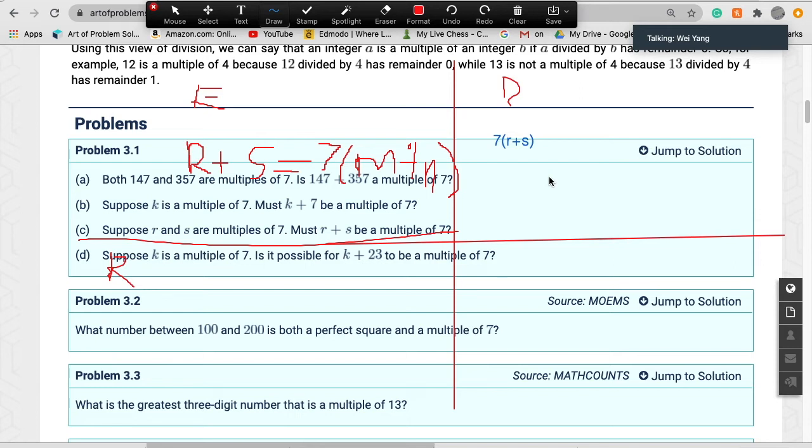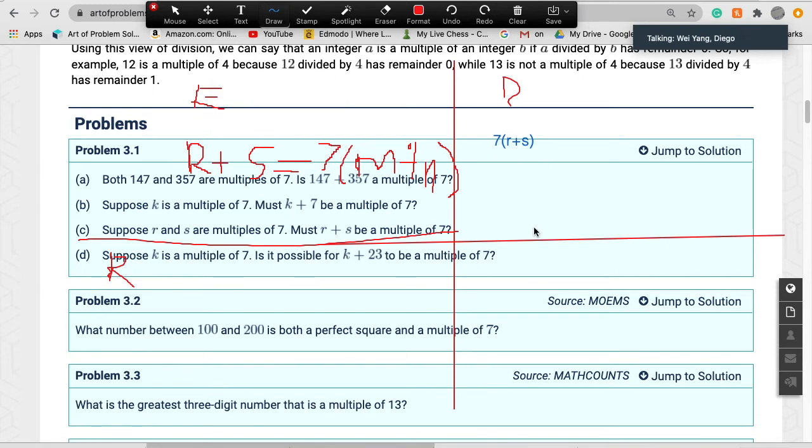This one's right. Why M? M, that's another integer. Hey, she's cheating! Because look, the book has the answers! Cheater!